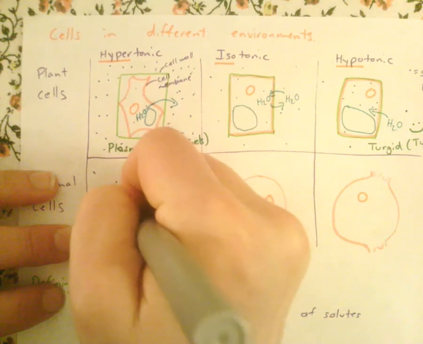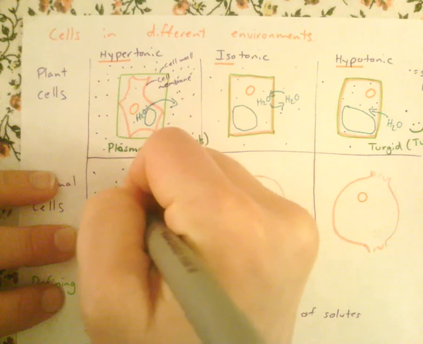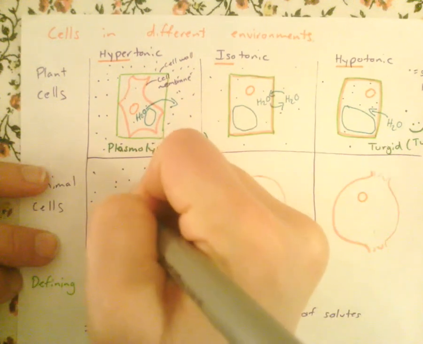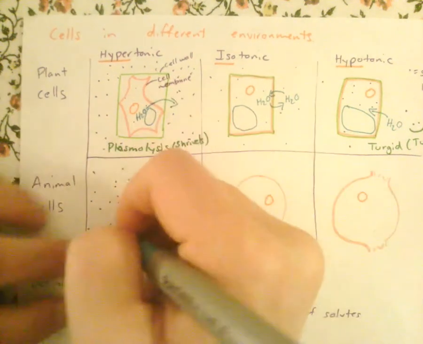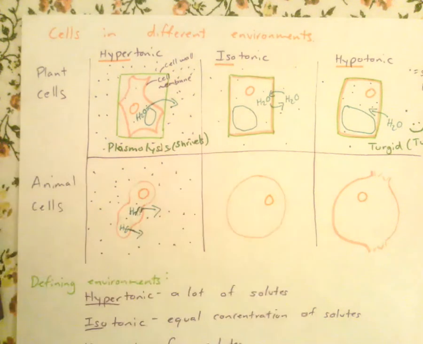So we have water moving in the net direction out of the cell. Okay, water moving out of my cell.